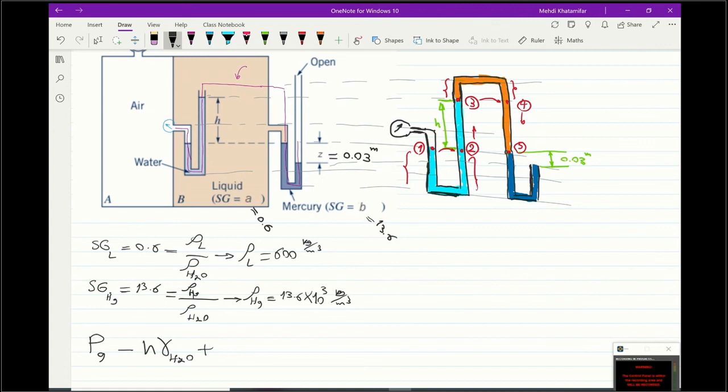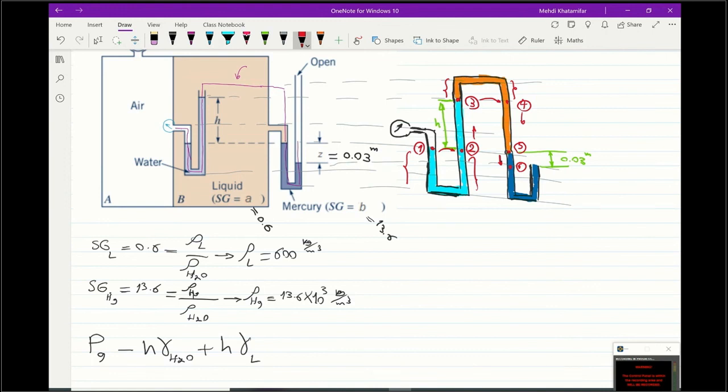Again the height is H. What is the liquid? The liquid is that liquid, gamma for that liquid, L. From point 5, I'm going again downward to this level, let's call it point 6.